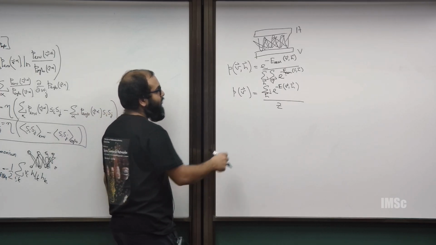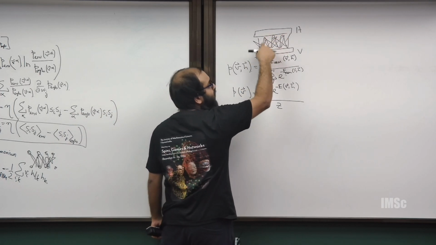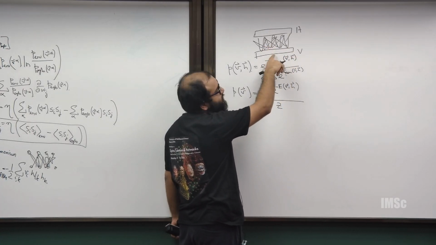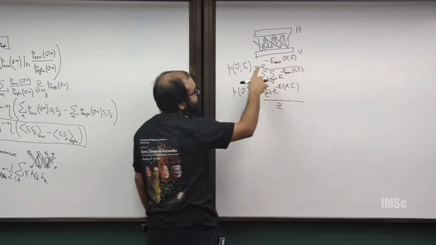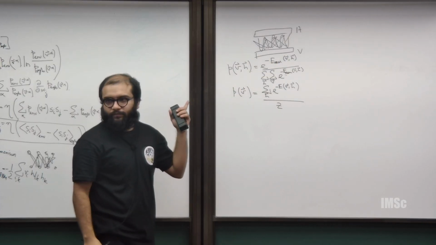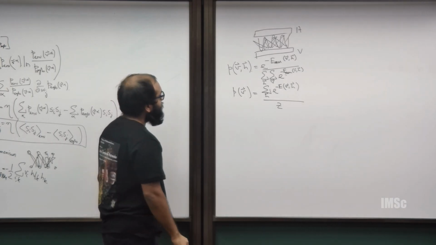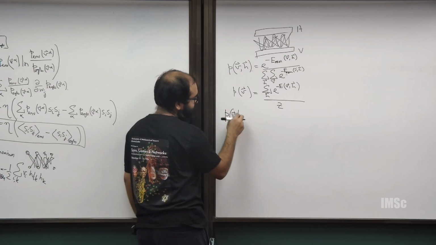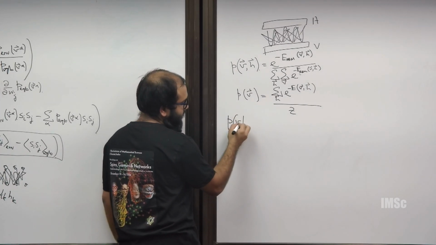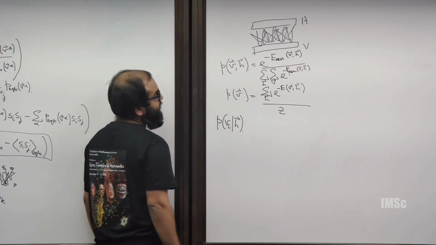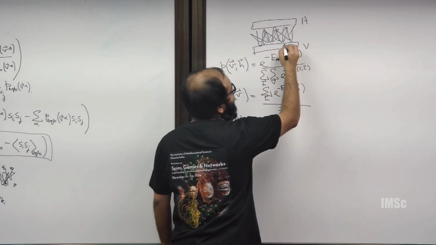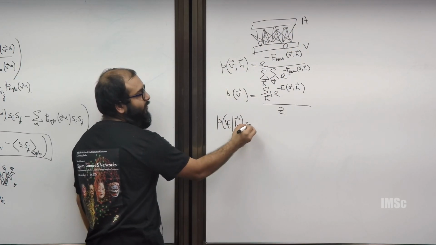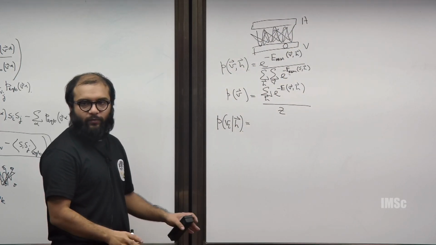Now realize one thing: all the nodes in hidden are connected to only the visible, and all the nodes in visible are connected to only the hidden. So the probability of a particular node V_i given a particular H vector will not depend on any other V at all.